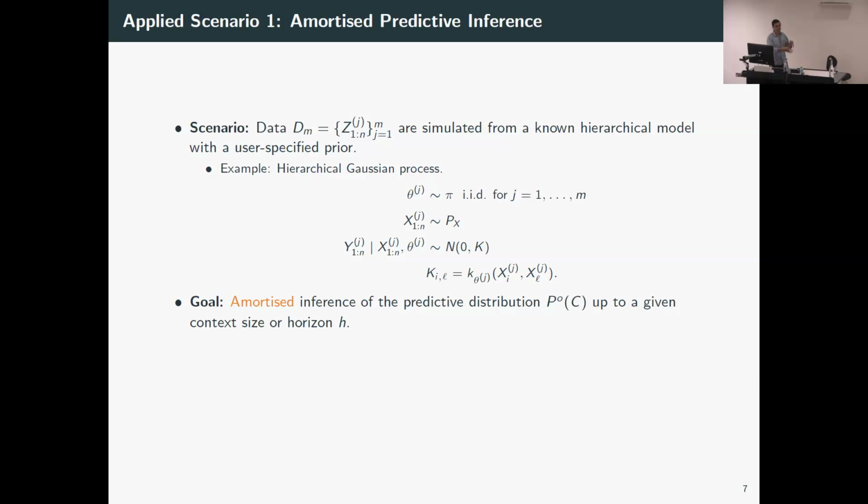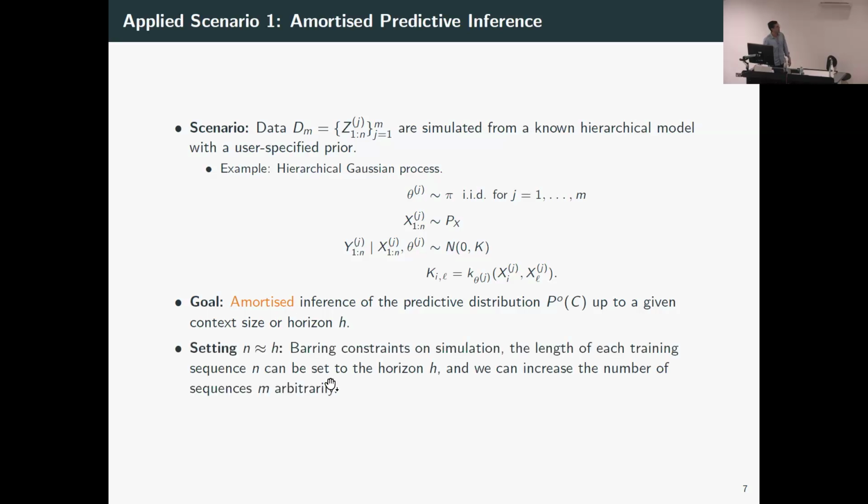So you can simulate data from your prior and then learn the predictive distributions using a neural network. In this case, the goal is amortised inference for the predictive distribution, and it makes sense to set N to be the horizon, the length of each sequence. There's no need to simulate sequences longer than the horizon you're interested in.